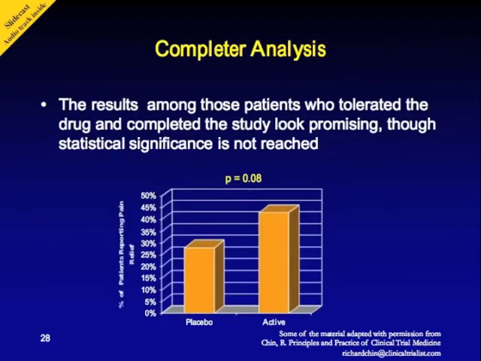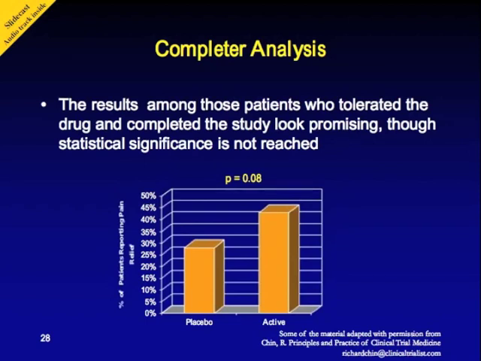So you do a completer analysis, which means that you only look at the patients who actually completed the study, got enough courses of doses of the drug, and in the completer analysis, it looks reasonably good, P of 0.08, and there seems to be a strong trend towards benefit.